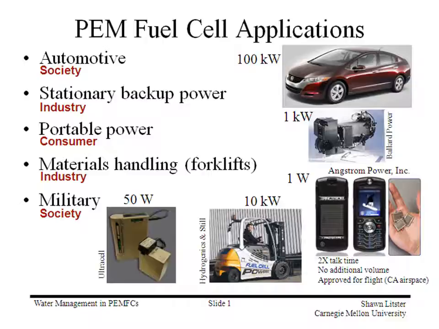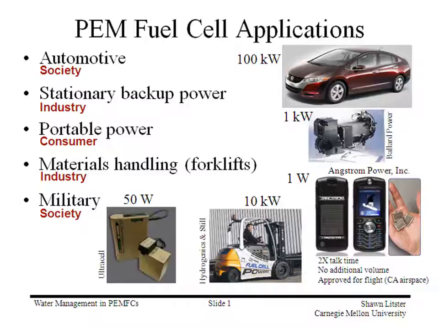And to give you a feel, for car applications, the typical scale is on the order of 100 kilowatts, maybe 80 kilowatts on a smaller scale vehicle to maybe up to 120 on a larger mid-size car / small SUV. Backup power generation is often being used for cell phone towers, and that's on the order of maybe 1 kilowatt or so.